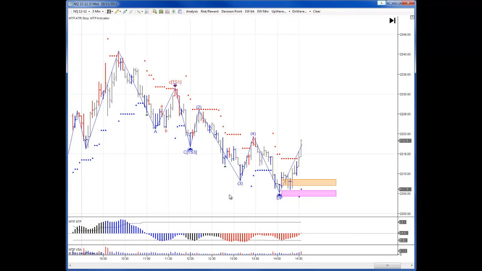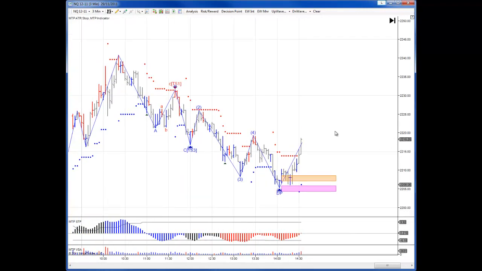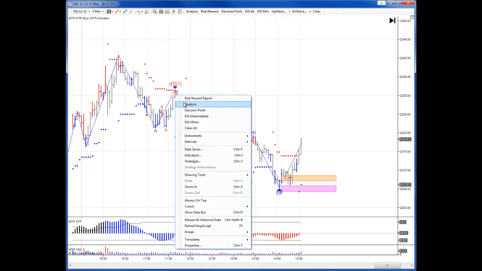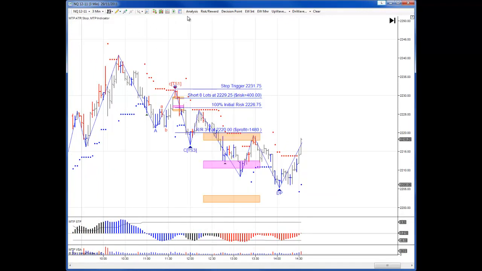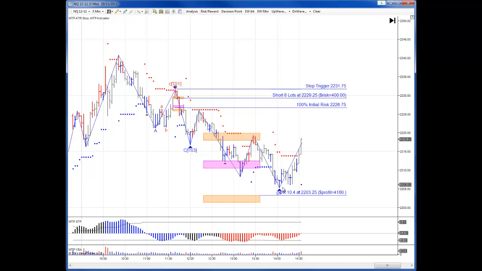So the question being is, if I put the analysis back on, if you're anticipating that you're going to come down to this level here, however we now know that there's a wave 5 low on this bar and you're really, really close to your target, let's just put the risk reward on at the high of this bar here.